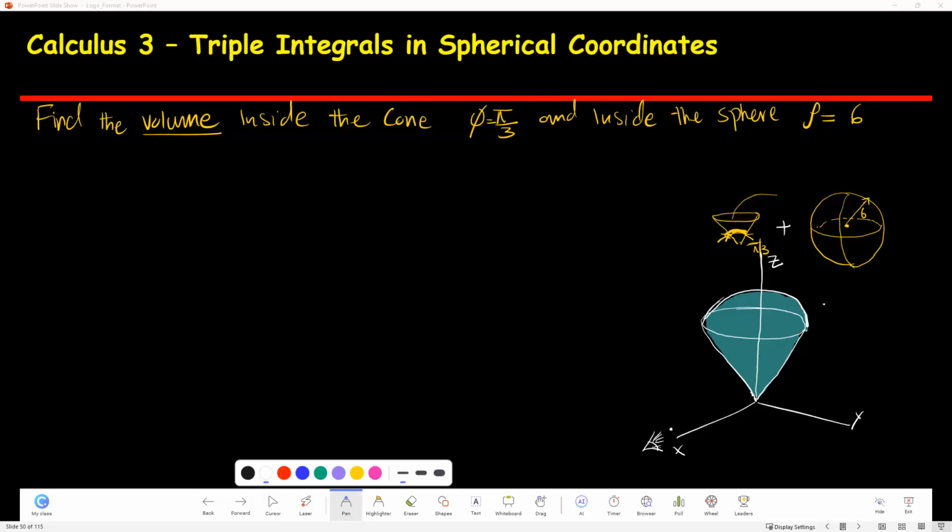If I look from the x side, a line is going to pass through this. It's going to look pretty much like this. If I make a line, it's going to go up, it's going to cut at this point, and rho equals 6.